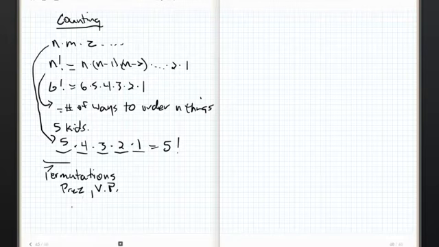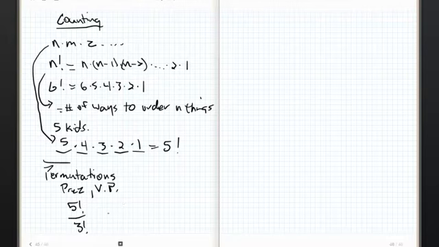What I do is take all 5 kids and order them. However, if I'm going to order only 2 of them, then what I need to do is divide out the ordering of the other students. The 3 that didn't get elected as president and vice president, their order doesn't matter. They're just hanging out, not doing anything. So what I do is divide out their ordering.